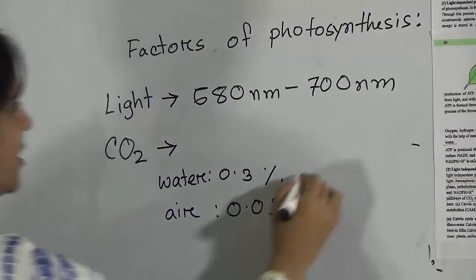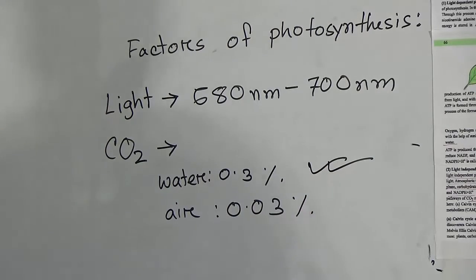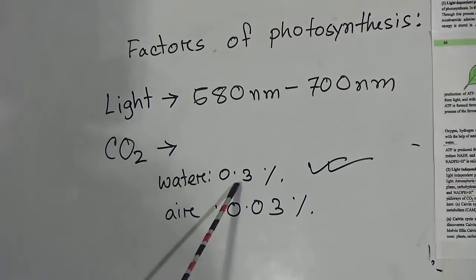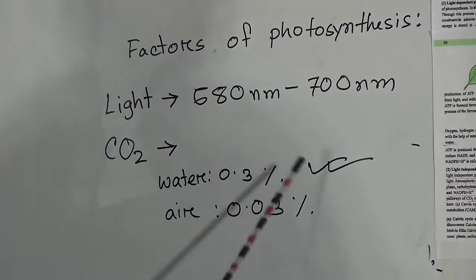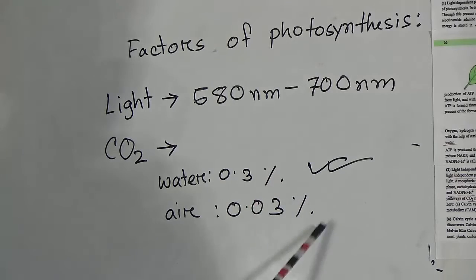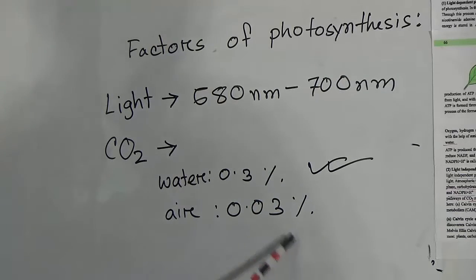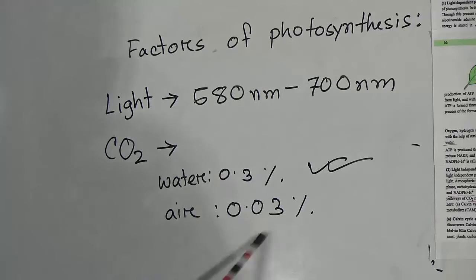That's why in aquatic plants the rate of photosynthesis is higher than in terrestrial plants, because there is more carbon dioxide. Air has less carbon dioxide than water, so there will be less photosynthesis on land.